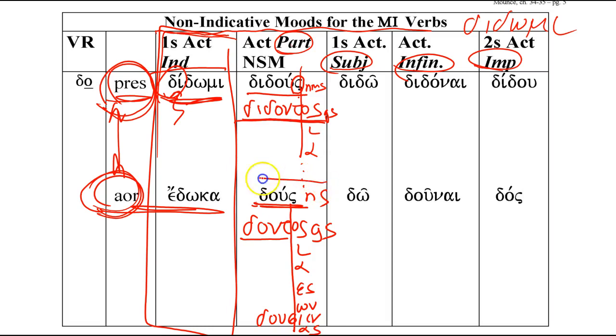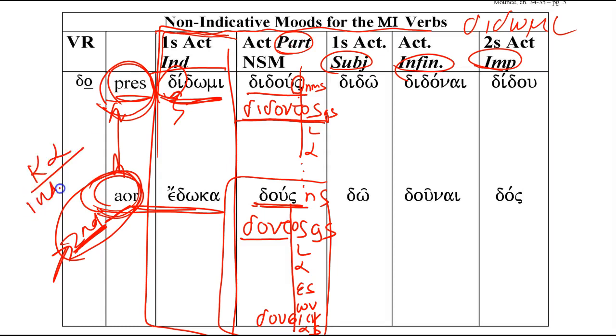And the reason why the aorist looks this way is that for non-indicative forms, most of the time, but again, not all the time, the one verb that doesn't do this is ἵστημι, I stand. But for almost every other μι verb, it's the second aorist forms that are used, not the first aorists. For the indicative moods, you still see the first aorist being used.